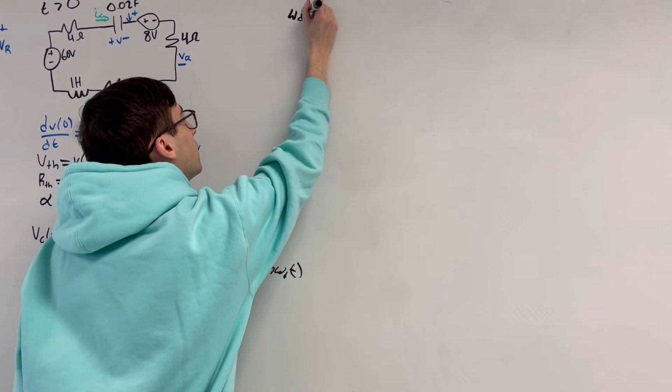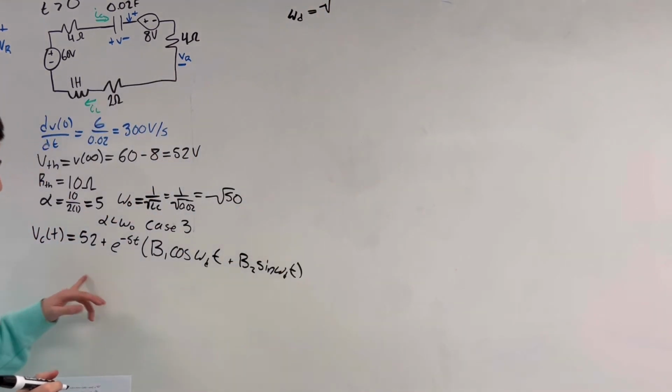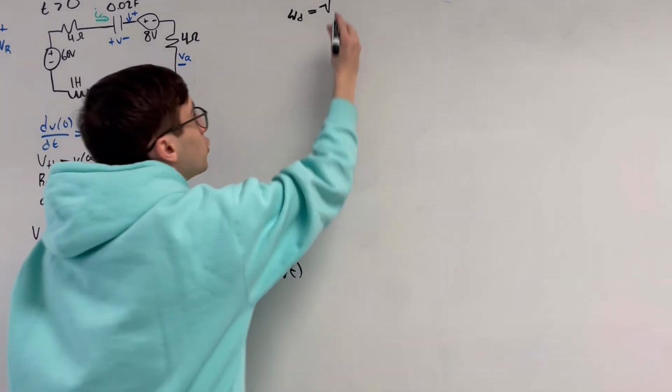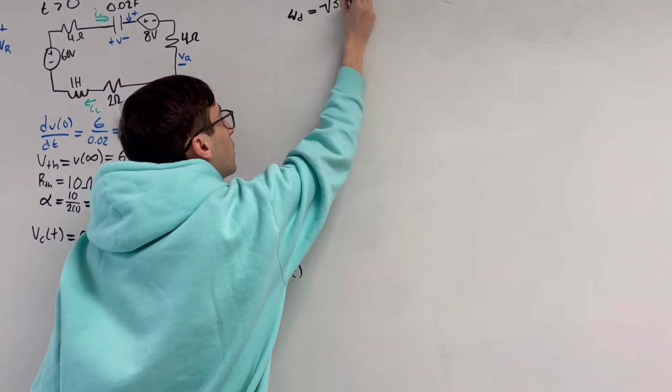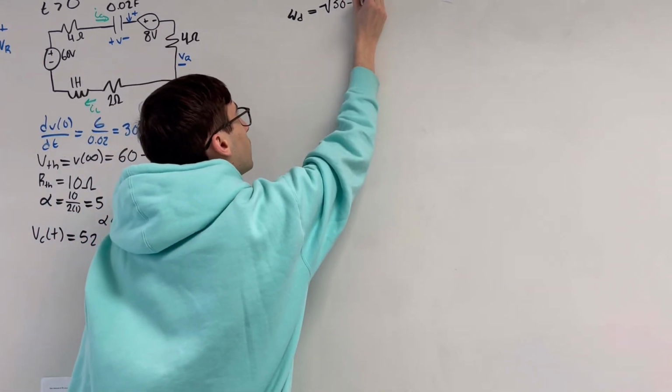Omega d is going to be equal to the radical of omega 0 squared, which is just 50, minus alpha squared, which is 25.